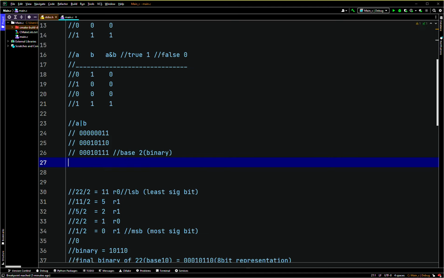So then if we want base 10, decimal, we're going to have to do 2 to the power of 0 plus 2 to the power of 1 plus 2 to the power of 2, and so on. So we'll just do that here.